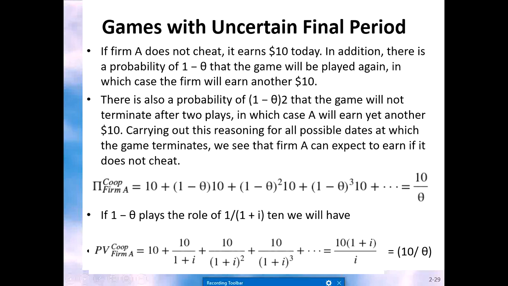So the profit of firm A when cooperating equals 10 for the first play, plus 1 minus theta, the probability that the game will not end, times 10, plus 1 minus theta squared times 10 for the third, and so on.